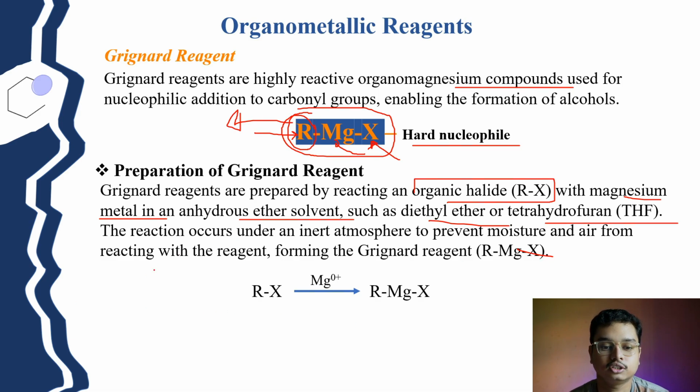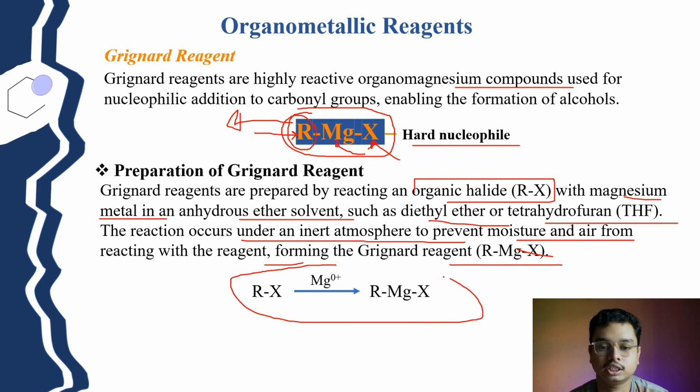The reaction occurs under an inert atmosphere to prevent moisture and air from reacting with the reagent, and then it forms the Grignard reagent. This is the preparation reaction, where the alkyl halide reacts with magnesium in ether solvent to generate our Grignard. And the Grignard reagent is prepared in situ.